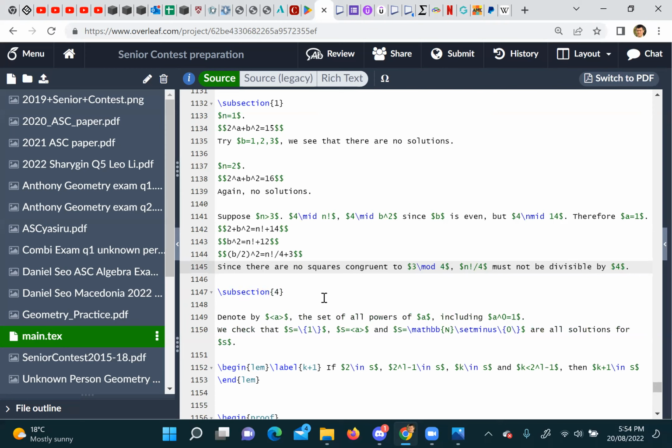Okay, so can you explain to me how n factorial could not be divisible by 4? What ways can n factorial over 4 not be divisible by 4?